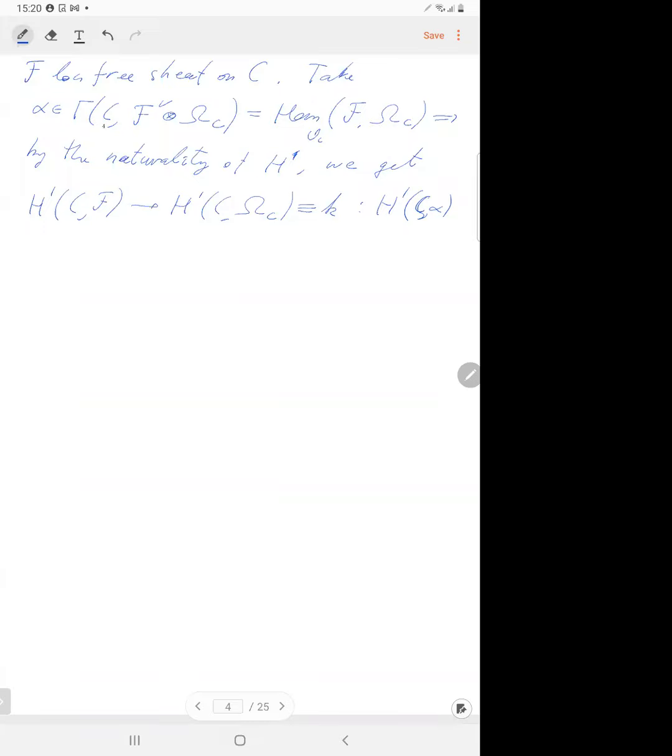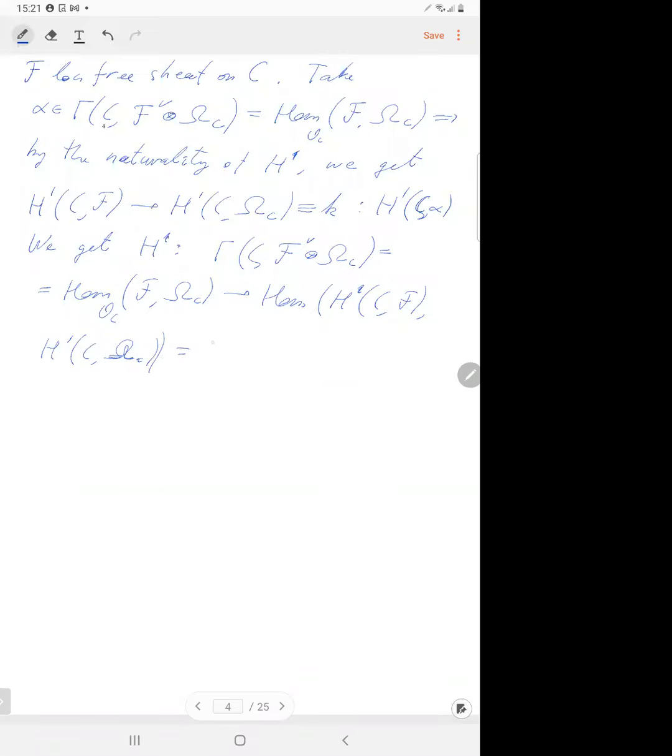So we obtain the morphism that we dub H1 from the global sections of C with coefficients in F dual tensor dualizing sheaf, the same as morphisms from F to the dualizing sheaf, to homomorphisms from the first cohomology of F to the first cohomology of the dualizing sheaf.